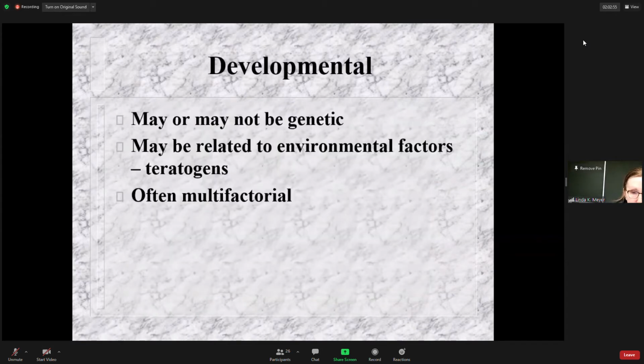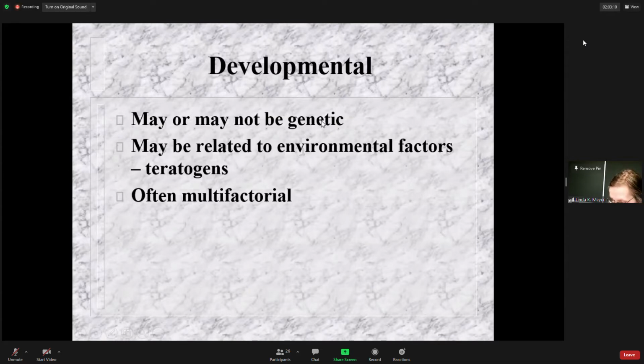Now, developmental is a very large group. I showed you a minor peg lateral versus a severe bilateral cleft lip with cleft palate, but I also want to point out that the etiology of developmental anomalies varies. Many of the developmental diseases are genetic, okay?